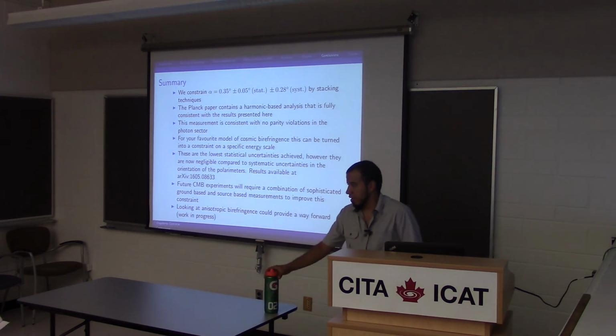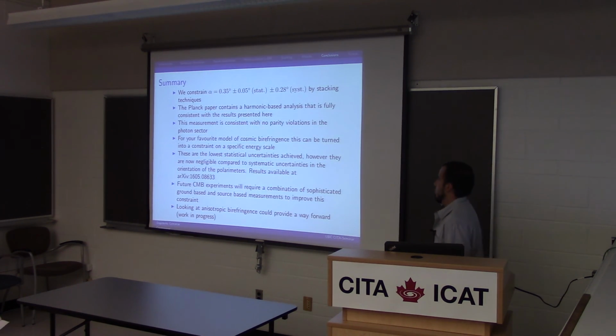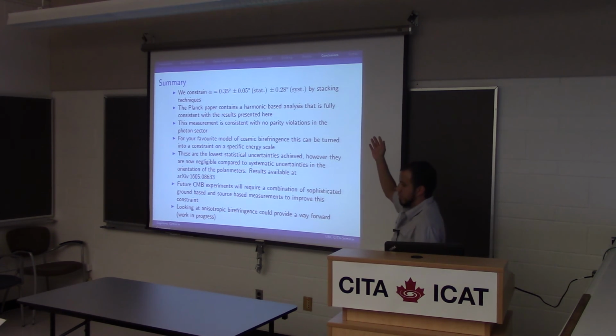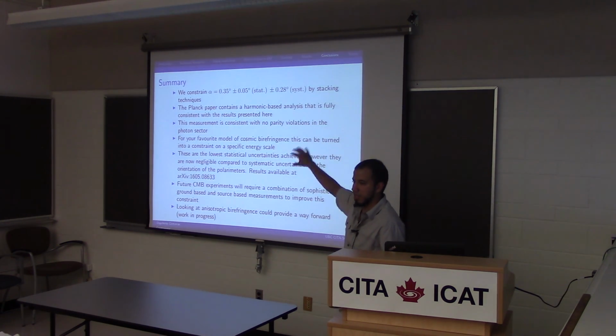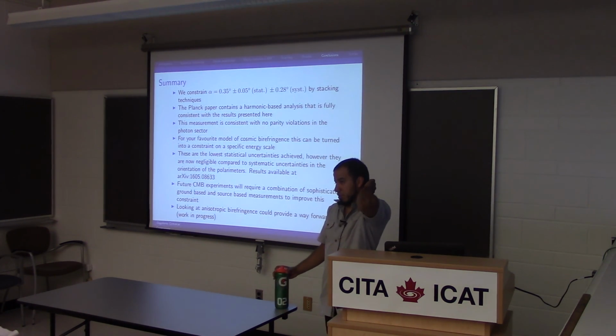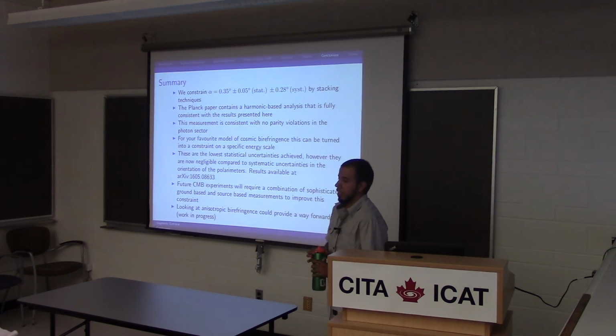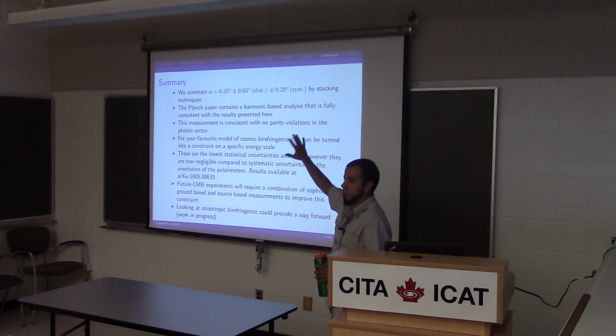Okay, just to summarize part 2, we've constrained this angle alpha in this way. It turns out to be consistent with no parity violation. In the Planck paper, there are 2 approaches: the one that I talked about and the harmonic-based approach, which I mentioned earlier on. They give completely consistent results, so we believe the results to be robust.